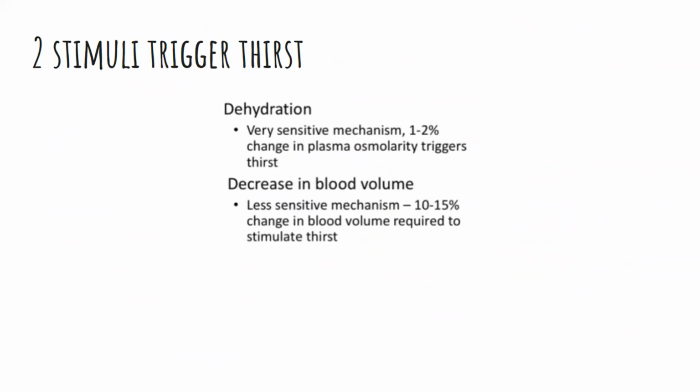Contrary to belief, dehydration is a much more sensitive stimulus for thirst compared to losing blood. That's because you need to lose quite a lot of blood to stimulate thirst, but you don't need much of a change in your osmolarity to stimulate the chemoreceptors in the hypothalamus.